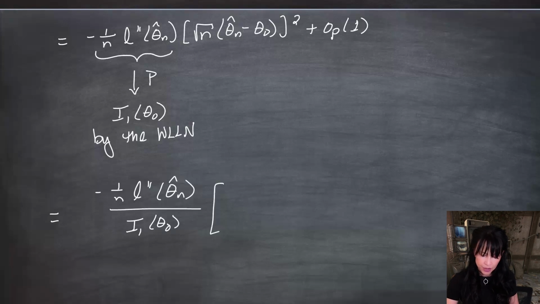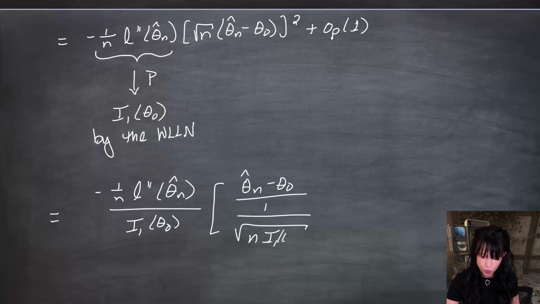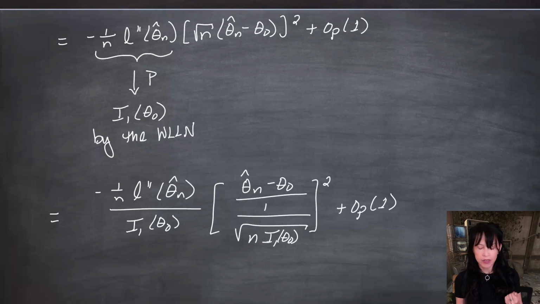And then in here, I am going to write this as theta n hat minus theta naught over 1 over the square root of n I1 theta naught, all squared, plus little op of 1, plus terms that are going away. So that's equal to the line above. I put the square root of n in the denominator with a 1 over, and I put some information terms in there so that they would cancel.